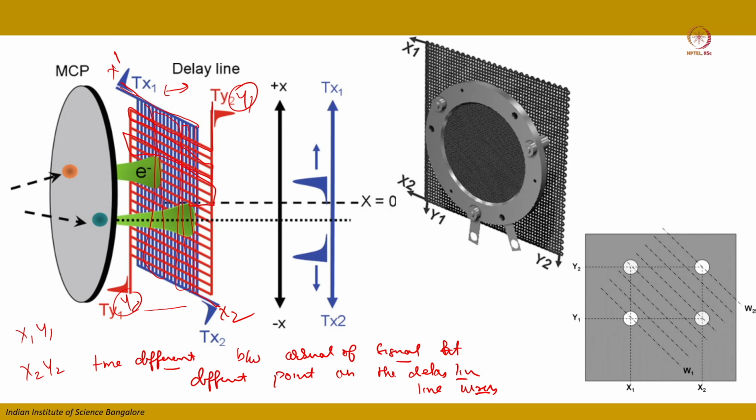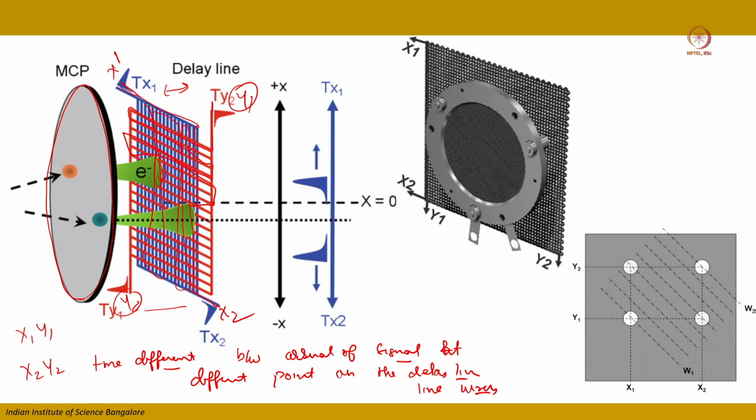Okay, so when the electrons come from the rear back end of the MCP, these electrons will hit this mesh of x1, x2 and y1, y2. What will happen? These electrons, which have a certain spread, will generate an electrical pulse on those particular wires.